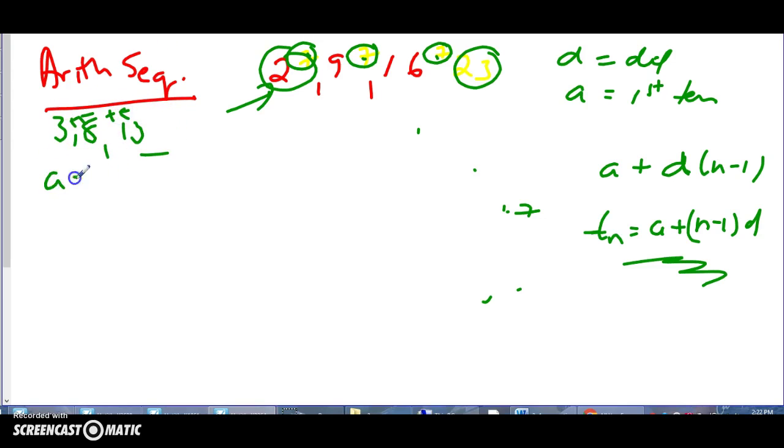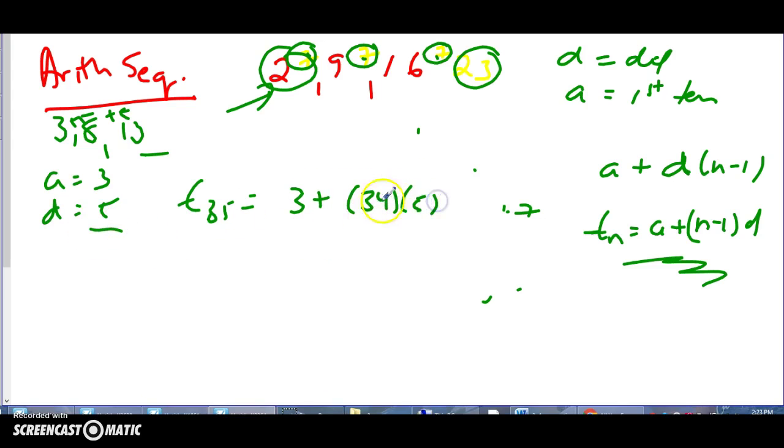Okay, so my A is 3, my difference is 5, and if I asked you, hey, what's the 35th term? Well, T35 is A, which is 3, plus 35 minus 1, which is 34, times D, which is my difference, which in this case is 5. That's 170 plus 3 is 173. Okay, so you just add them together. This times this, and add that together plus 3.